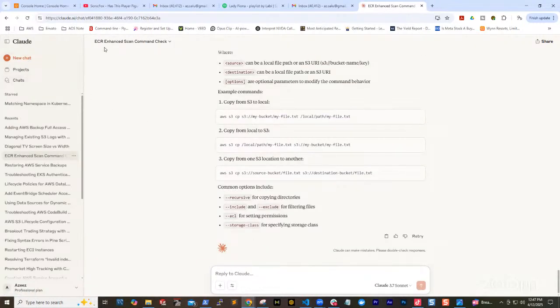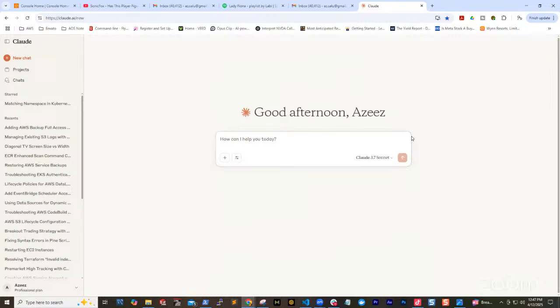So if I don't know the command, I'll just ask how to do the command to change to root user on Amazon Linux.